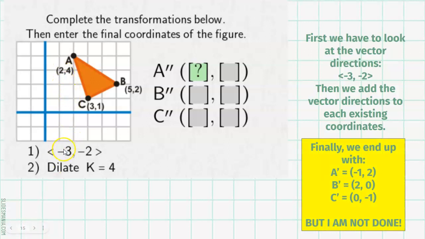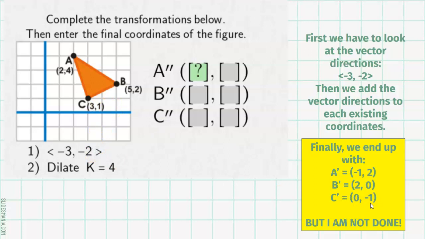So 2 plus -3 is -1. 4 plus -2 is 2. 5 plus -3 is 2. 2 plus -2 is 0. So I have to do that for each one. 3 plus -3, 0. 1 plus -2, -1.